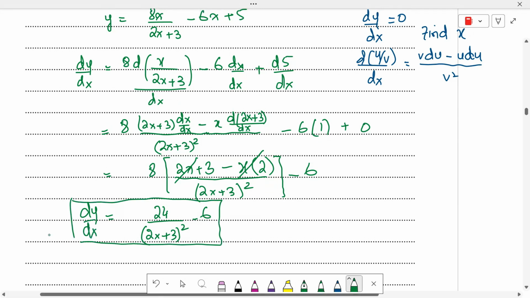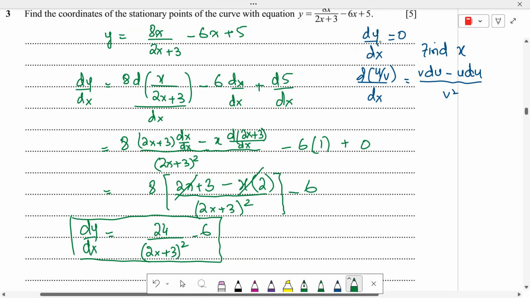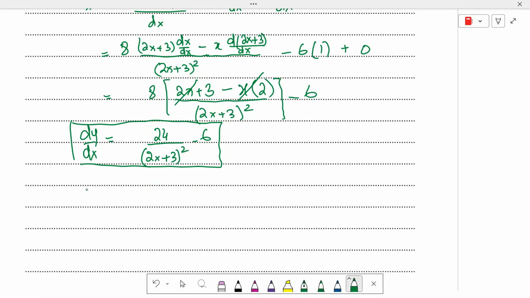And equating this dy over dx with 0 to find the value of the x coordinate. 24 over 2x plus 3 whole squared minus 6 is equal to 0, and this is 24 over 2x plus 3 whole squared equal to 6, and this is equal to 4.